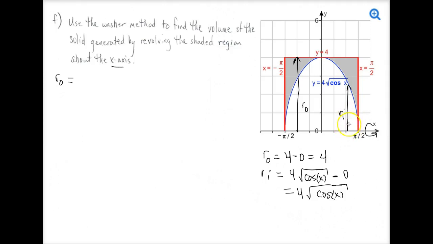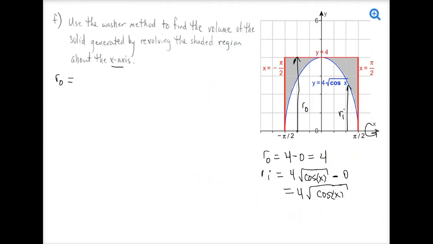And of course, in this sense, this is y equals 4 times root cosine x. And of course, the x-axis is y equals 0. So that's why I'm doing that.